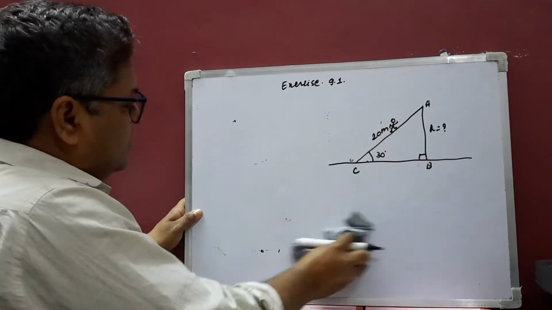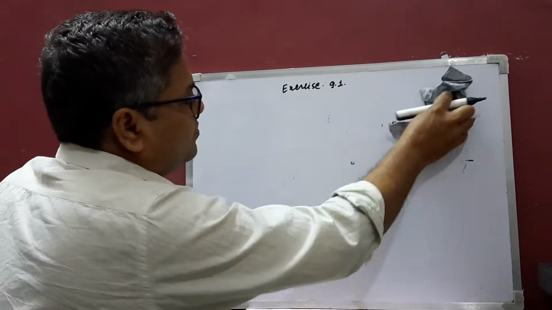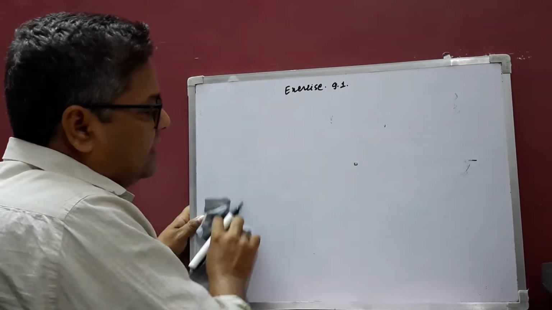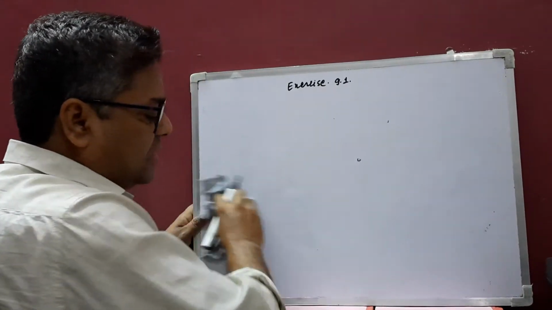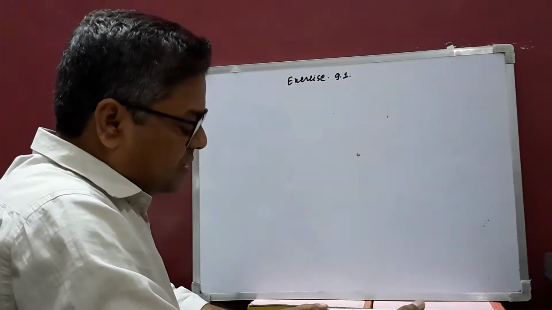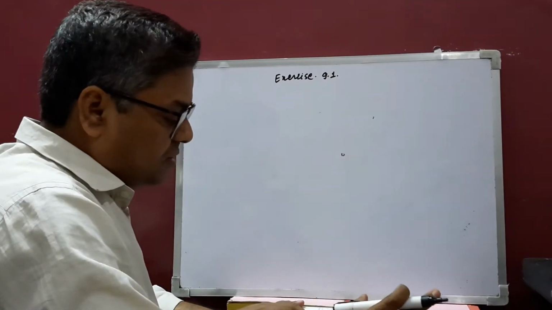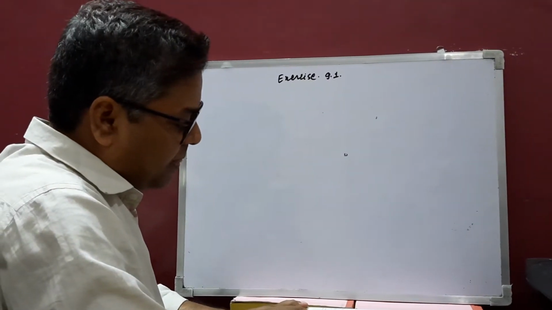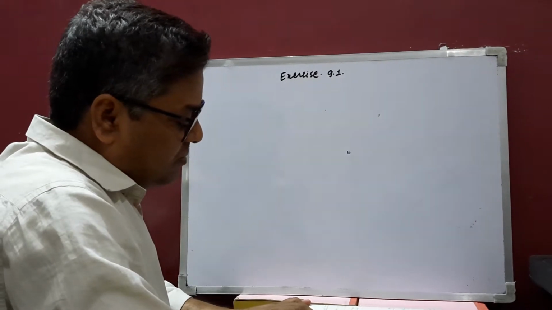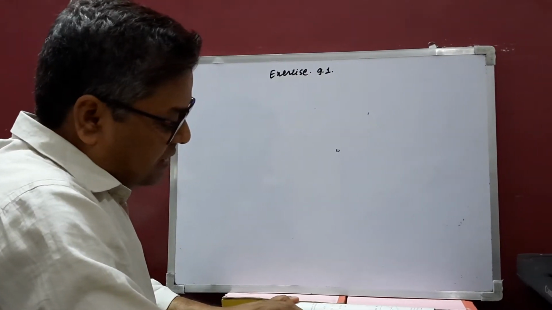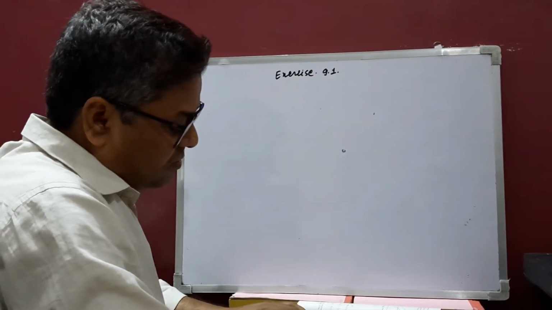We will do question number 2 here. It is necessary to plot the diagram correctly. If the diagram has been plotted correctly, you will do the questions correctly also. In question number 2, a tree breaks due to a storm.